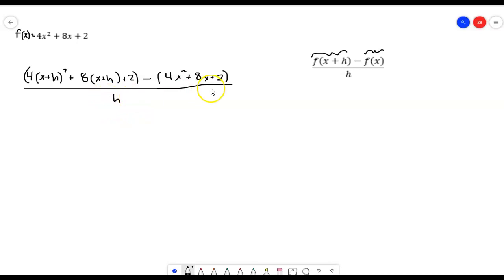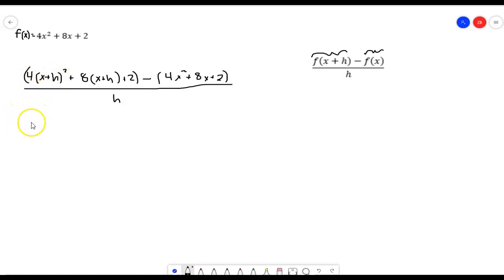All right, so a big old gobbly mess that we have to do some foiling and distributing and all kinds of stuff with. Working this across, I'm going to FOIL this together. So this is x plus h times x plus h.